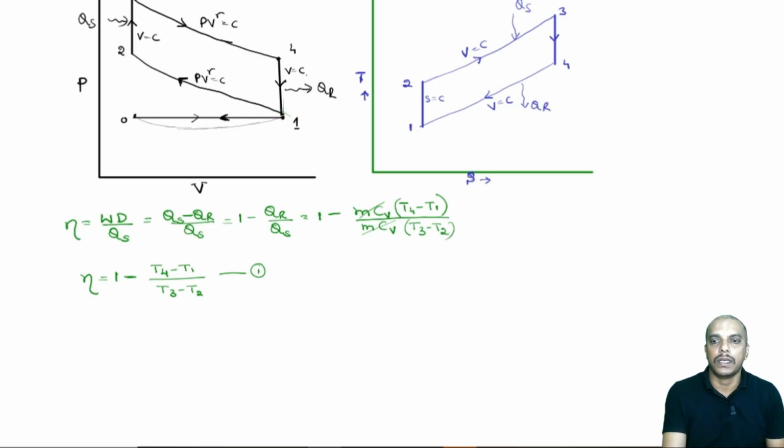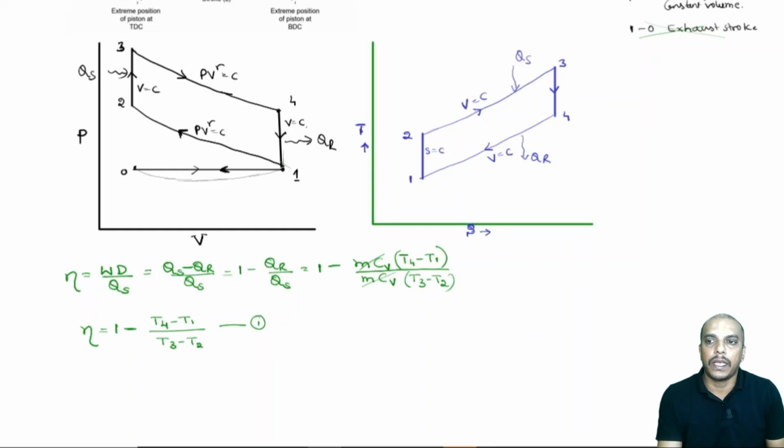We are interested in representing efficiency in terms of compression ratio, because compression ratio is an important design parameter. Now how do we come to that? The idea here is to eliminate temperatures and write it in terms of compression ratio.